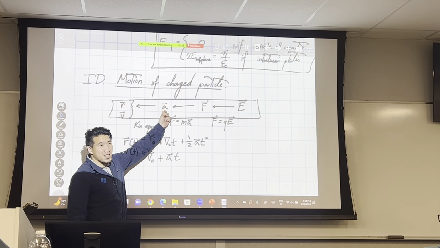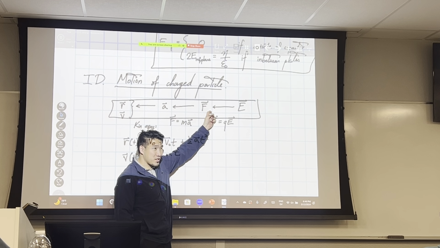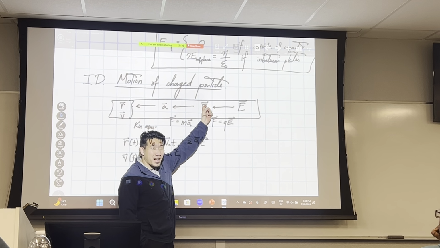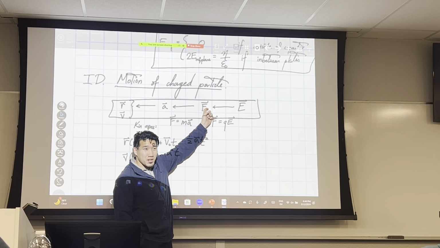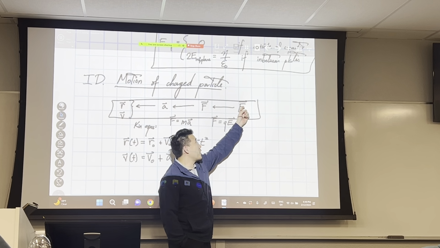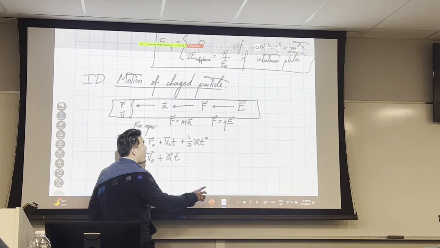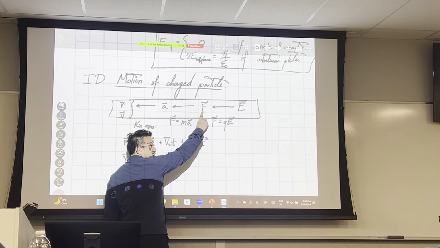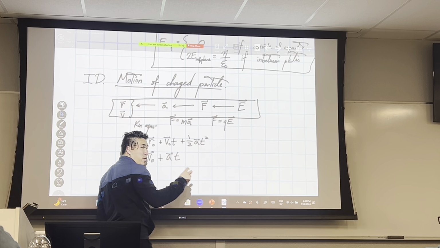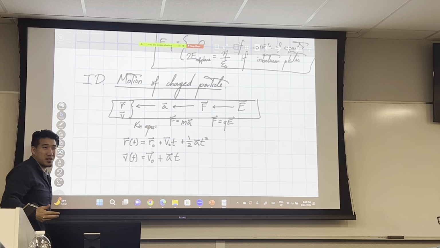We need a constant acceleration, meaning we also need a constant force. Well, how do you get a constant force with electric systems? You need a uniform electric field. If your electric field is one that is changing throughout space, as the particle is moving, it's going to be under different electric fields, meaning the force is going to be changing.